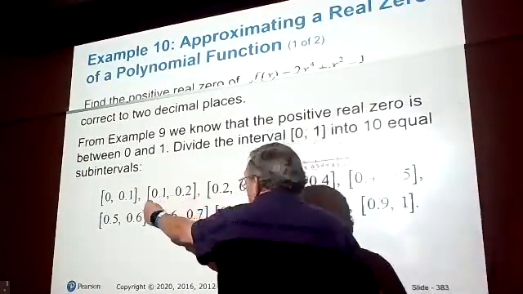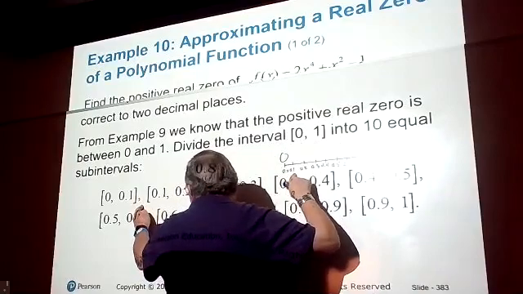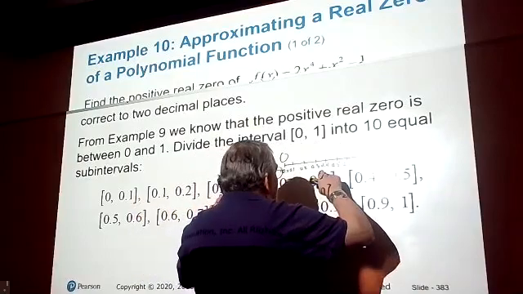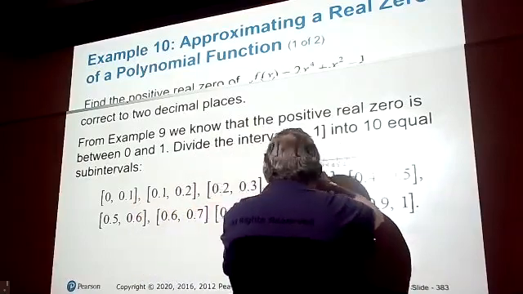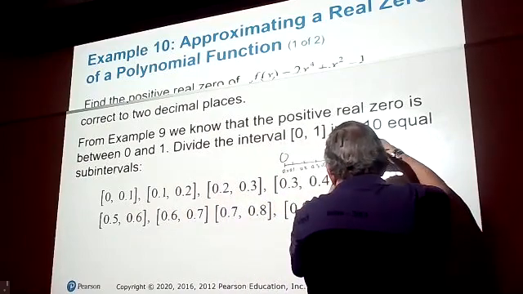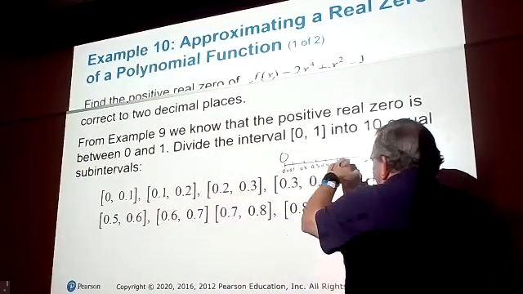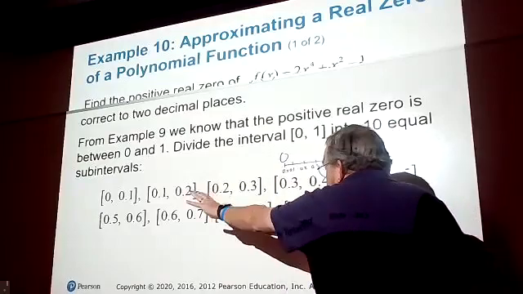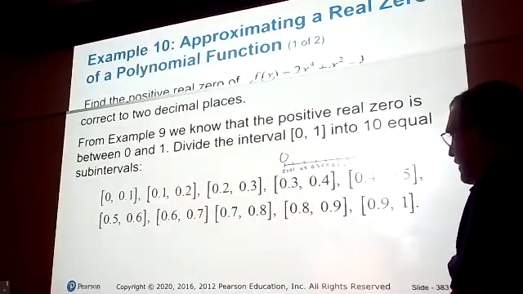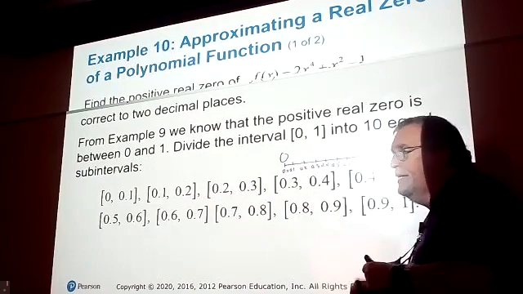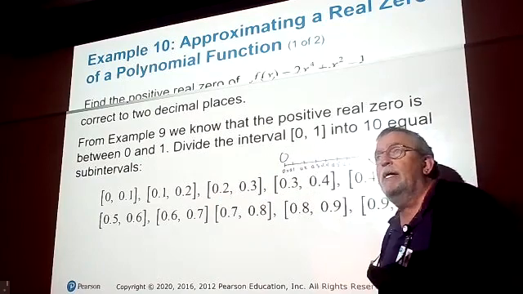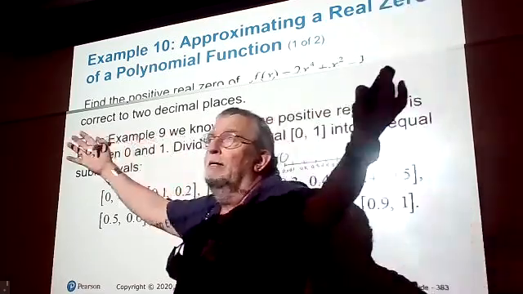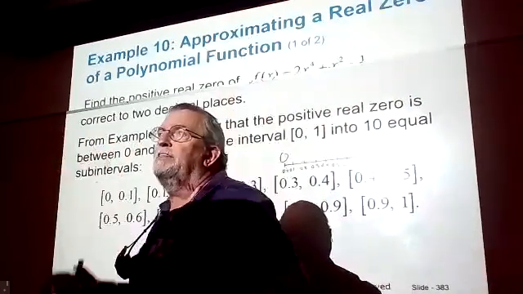So here's 0.1, that's this endpoint. 0.2 is this endpoint. 0.3 is this one. 0.4. So I think it's easier to visualize the intervals this way than writing them that way. Please notice they include the endpoints because one of the endpoints could be a 0.